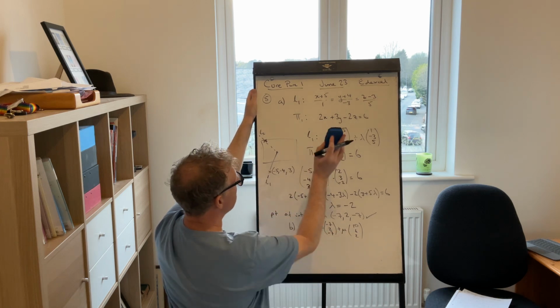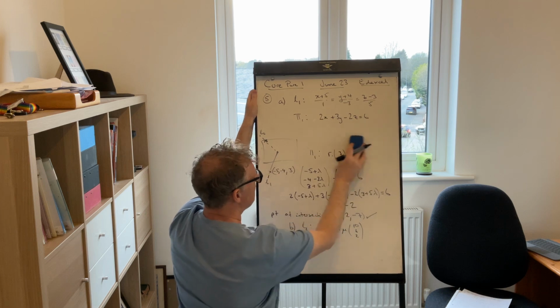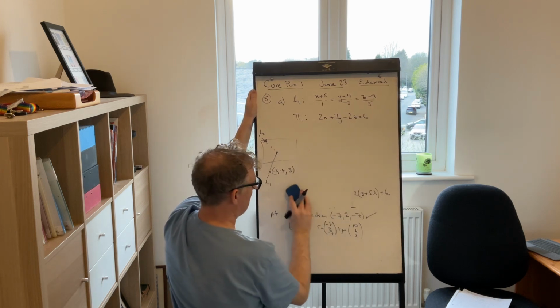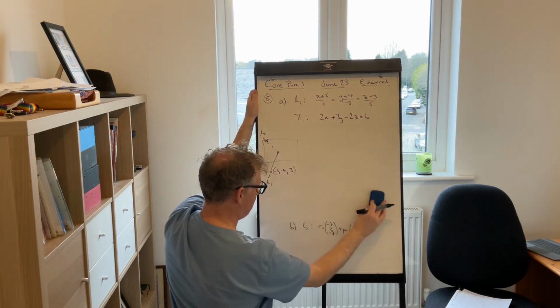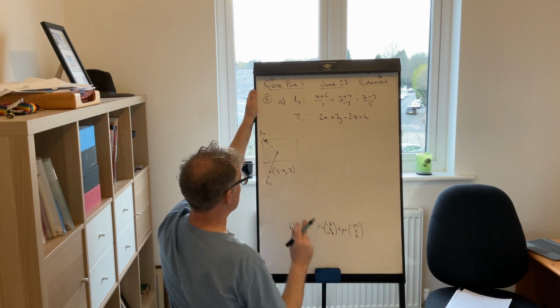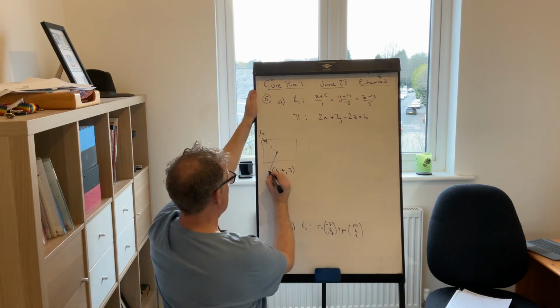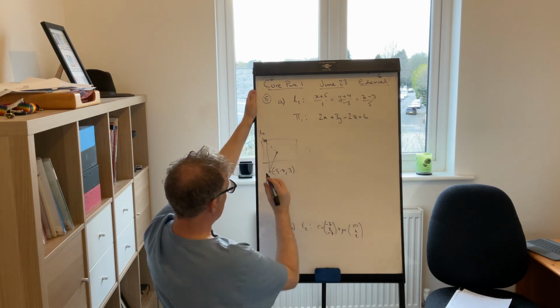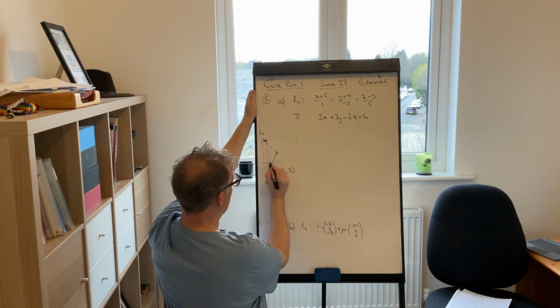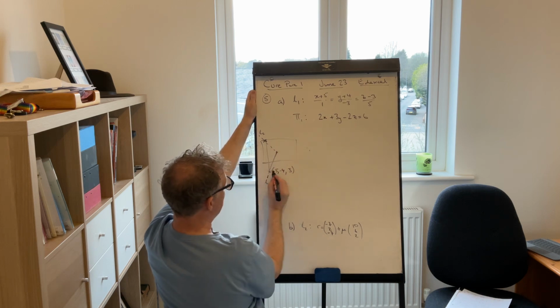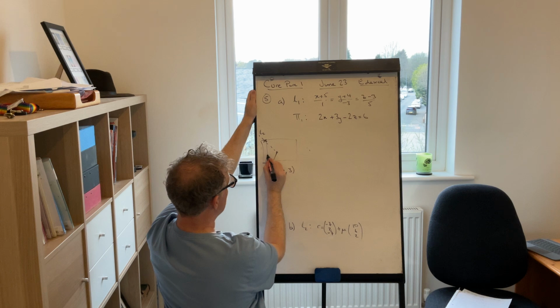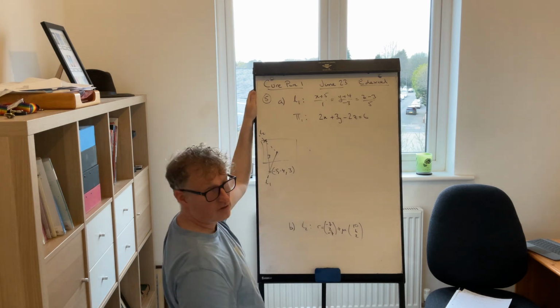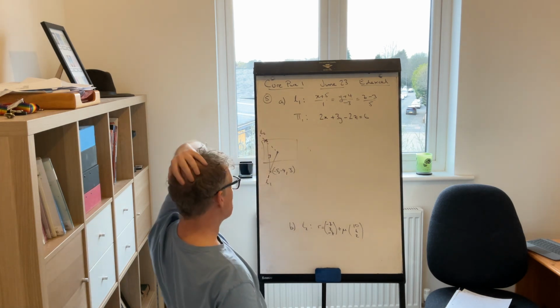I'm going to give myself a bit more space if that's okay, so I'm going to rub this off. I'll leave that up there. Okay, so if I reflect that point up to there, the first thing I have to realise is that if it's a reflection, the line joining the point with its reflection is going to hit the plane at a right angle, the shortest distance basically.